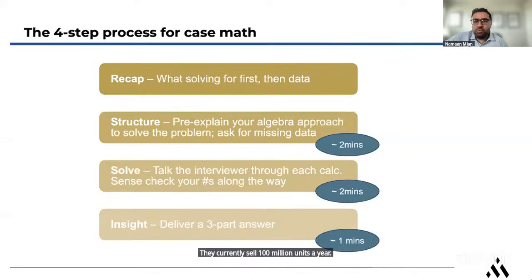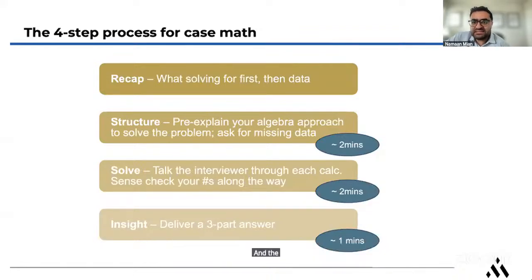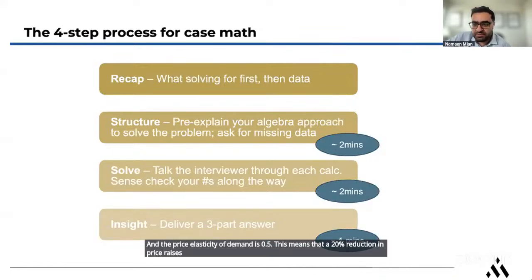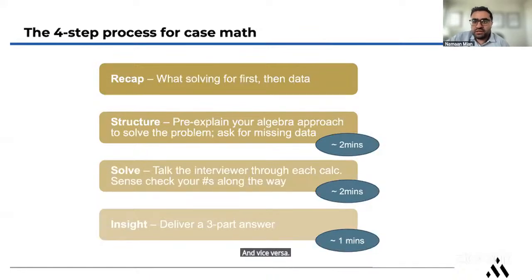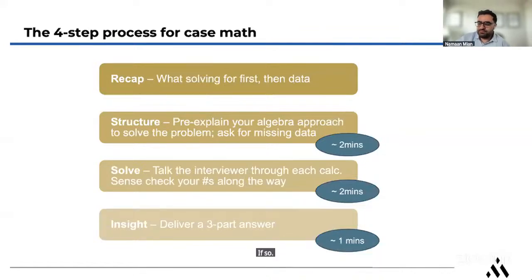They sell through one channel, which is a hardware retailer, and they cannot break that contract. And the price elasticity of demand is 0.5. This means that a 20% reduction in price raises demand by 10% and vice versa. Should the client change prices to reverse their revenue decline? If so, how? Okay. Sounds good.